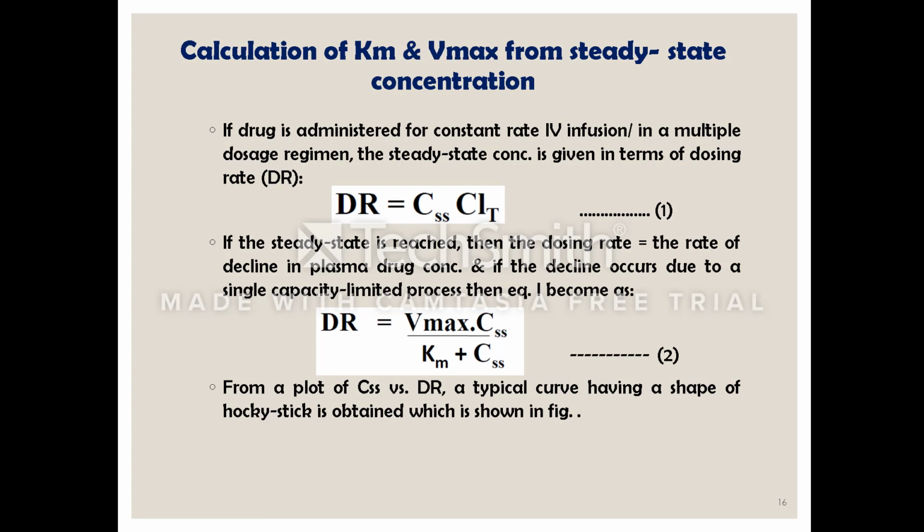If steady state is reached, input is equal to output, that is, the dosing rate is equal to the rate of decline in plasma drug concentration. As we have assumed earlier, if the decline is occurring through a single capacity limited rate process, then you can write dosing rate in place of -dC/dt, and instead of C you write the concentration at steady state.